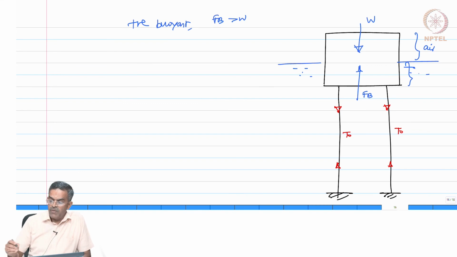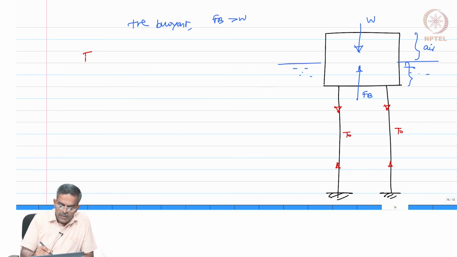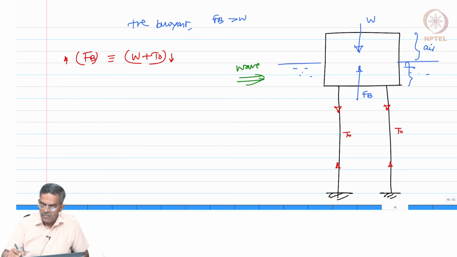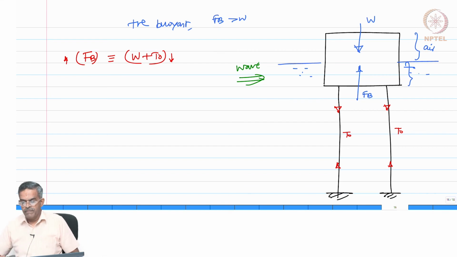So, we now said the equation of static equilibrium for this problem could be Fb is equal to W plus T naught, because this is acting downward, this will act upward. Now, under this condition, let us say the system is imposed by a wave load which is horizontal.